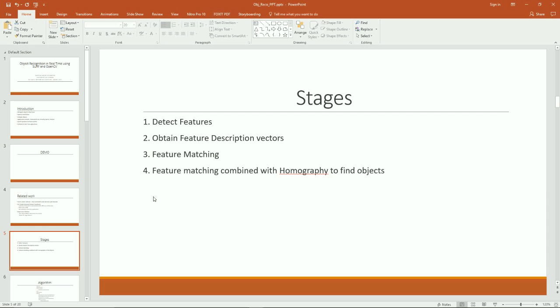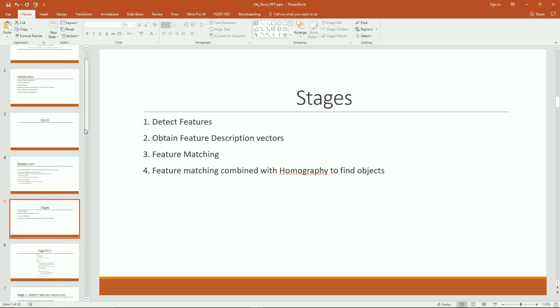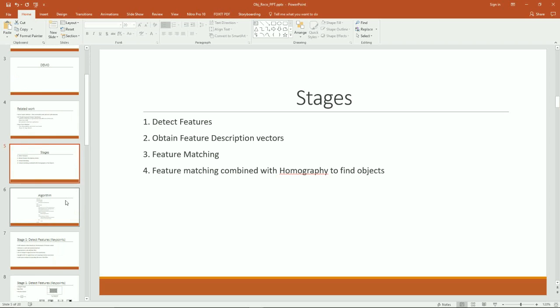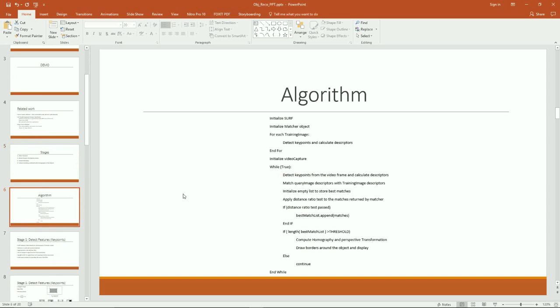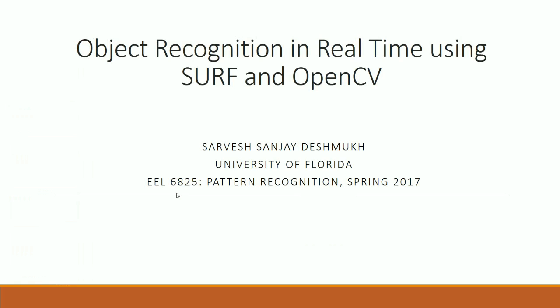And fourth is feature matching combined with homography to find objects, in which we find the perspective transform, and then we detect the image and draw a rectangle or any border around it. Okay, so next. Oh sorry, let me zoom in.